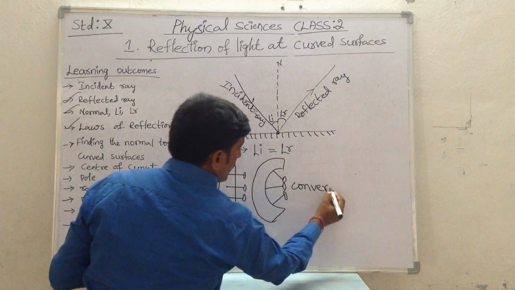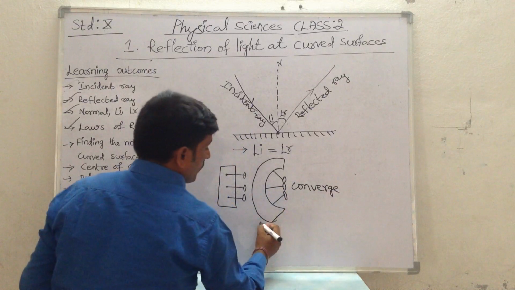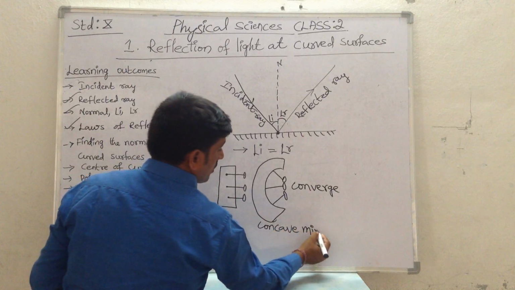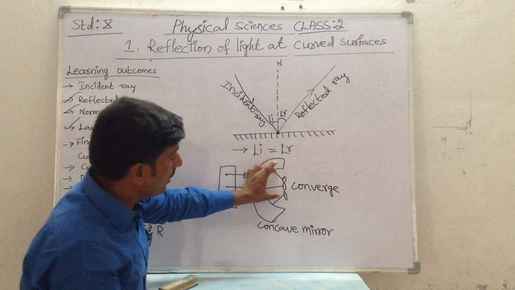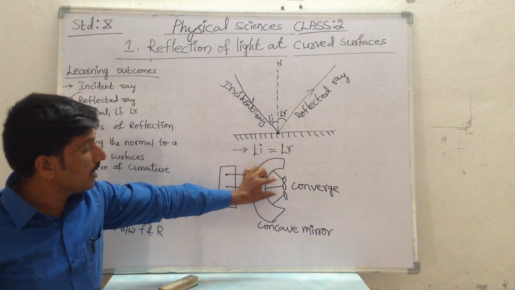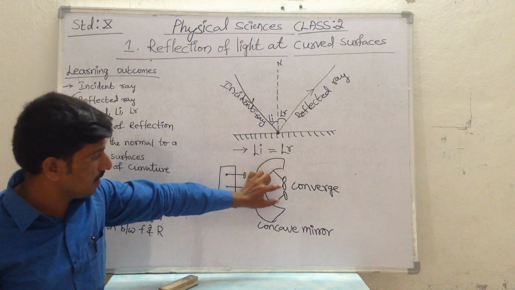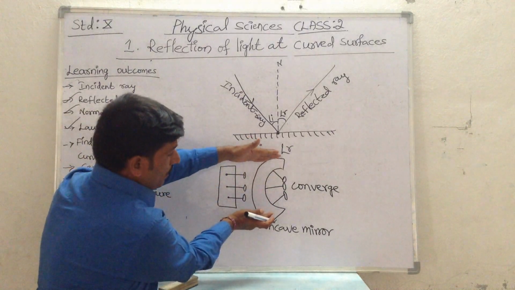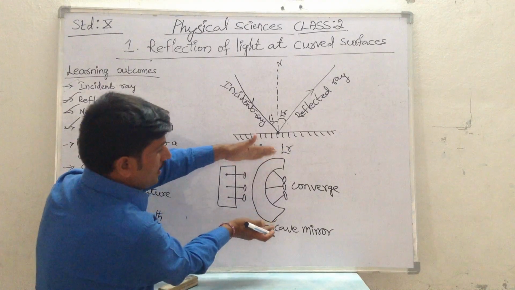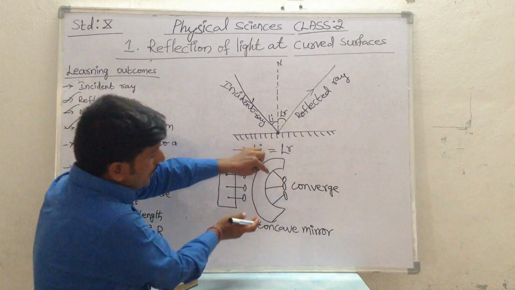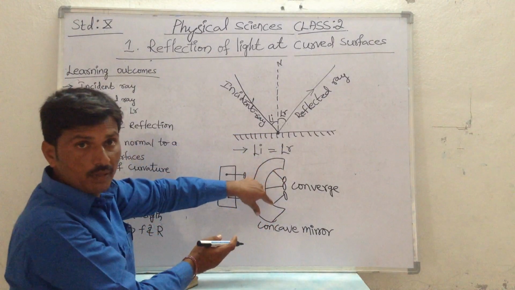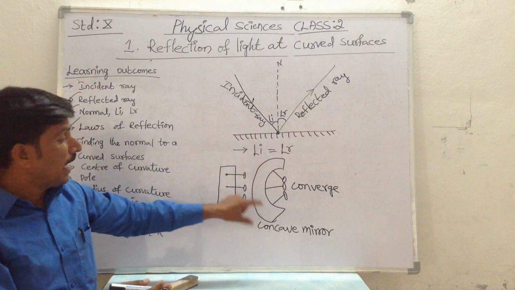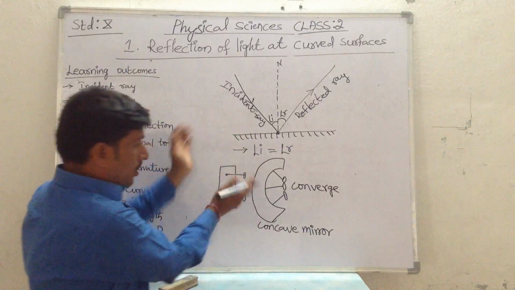Here the rubber foam acts as a concave mirror because all the normals are coming towards a point, converging at a point. As the rubber foam is bent inwards, the inner surface acts as the reflecting surface, so that's why it acts as a concave mirror.